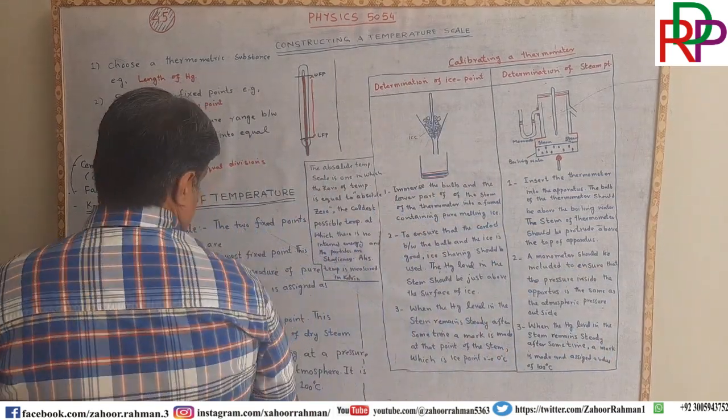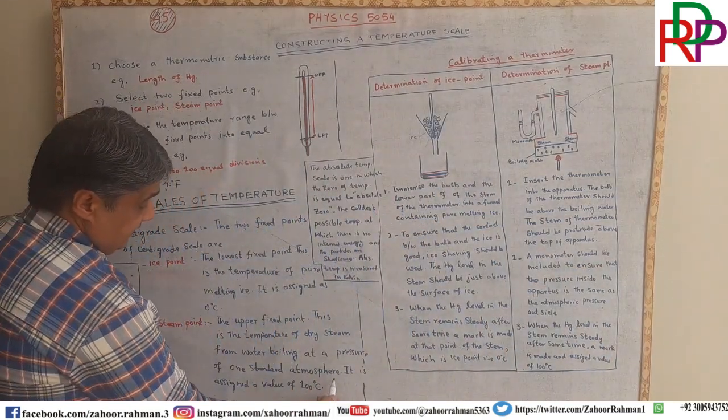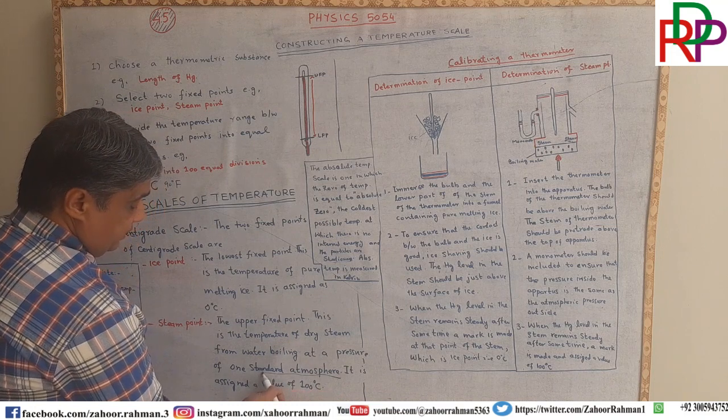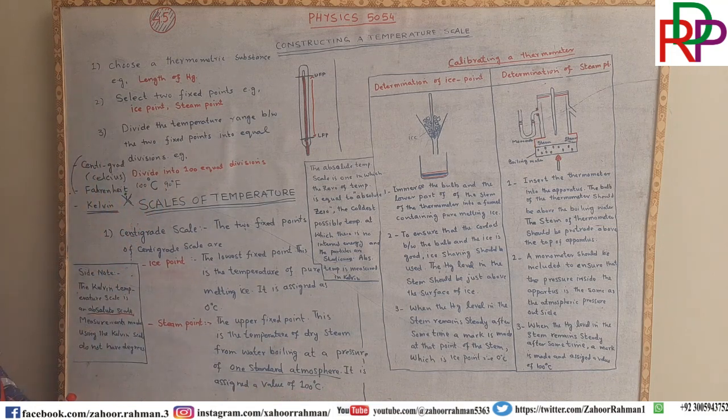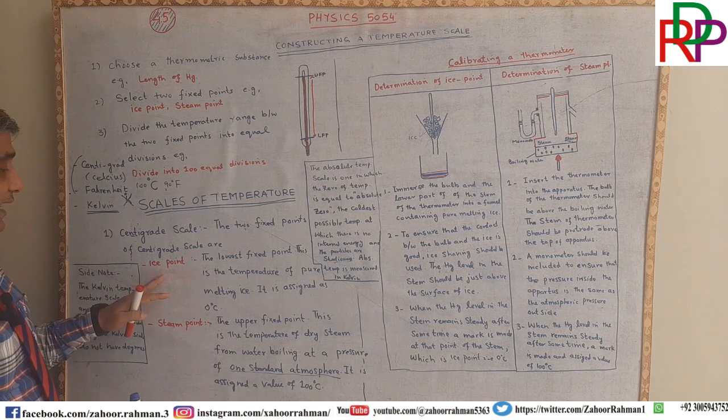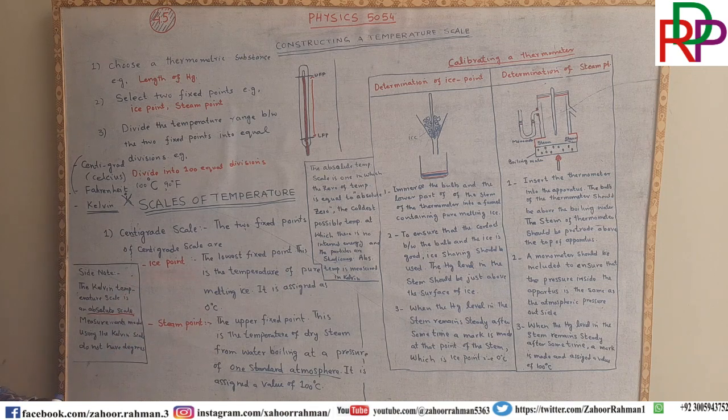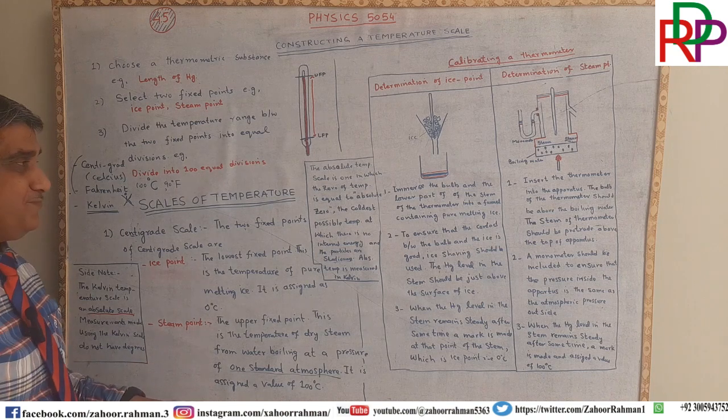So it is important that 1 atmospheric pressure must be the pressure at which you are getting the steam point and also the ice point, because pressure is changing the melting and freezing points of a substance. We will discuss that in the upcoming lecture, but for the time being, you have to remember these things.